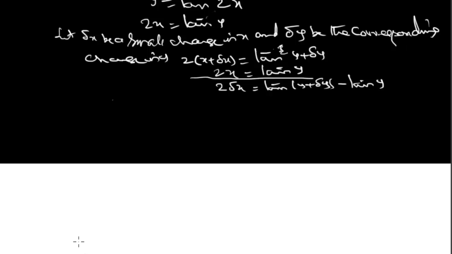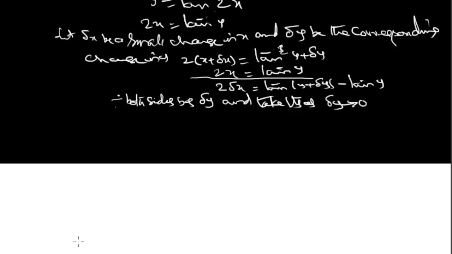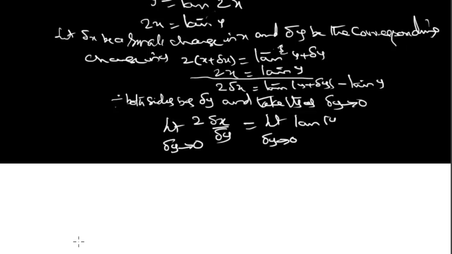Divide both sides by delta y and take limits as delta y tending to 0. So 2 into delta x by delta y, limit delta y tending to 0, is equal to limit delta y tending to 0 of tan of y plus delta y minus tan y by delta y.